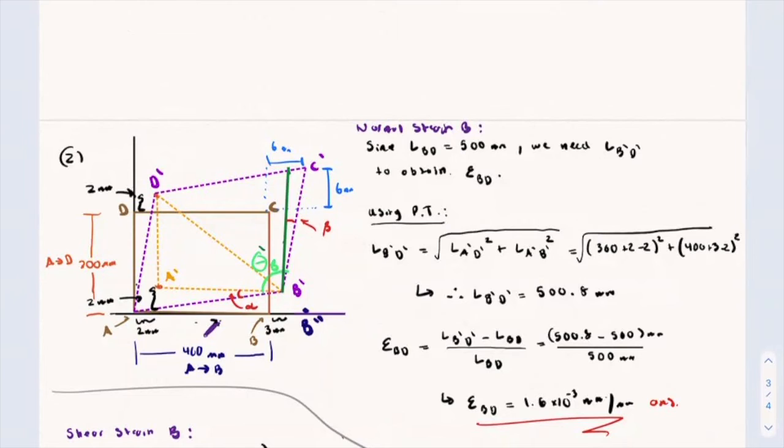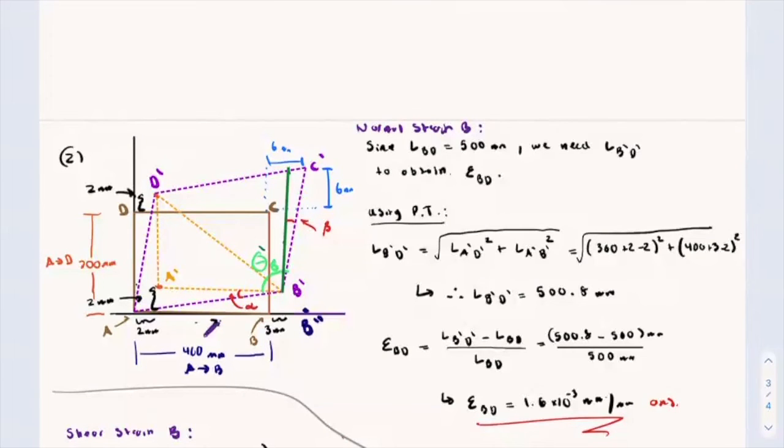For the A prime B prime length, you see that the original length from A to B is 400 millimeters and A to A prime is 2 millimeters. From B to B prime is 3 millimeters. So we have to do 400 plus 3 minus 2, which is equal to 401 millimeters.